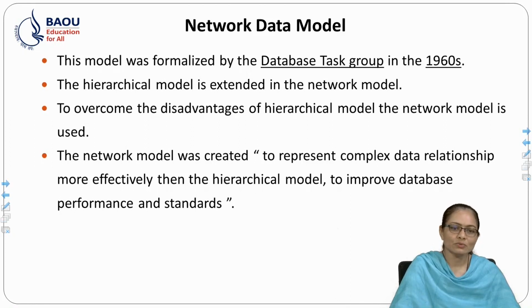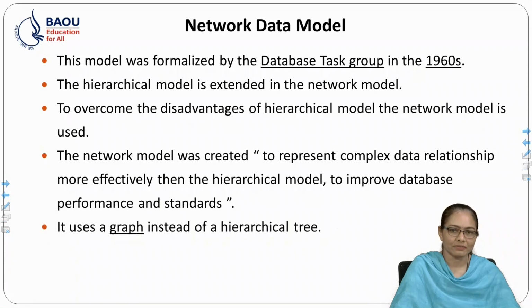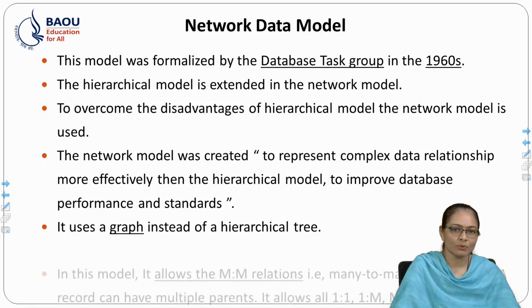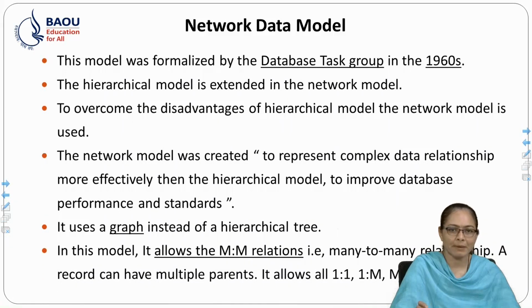Now it uses a graph instead of the hierarchical tree structure. So the network data model uses a graph. This model allows many-to-many relations. That is, a many-to-many relationship is possible here. A record can have multiple parents.